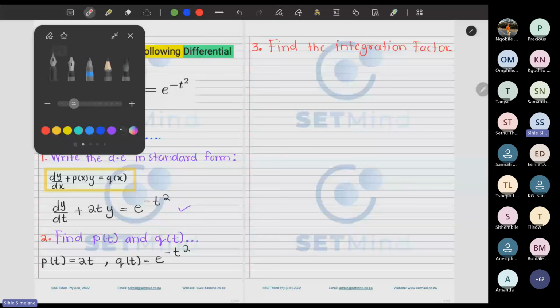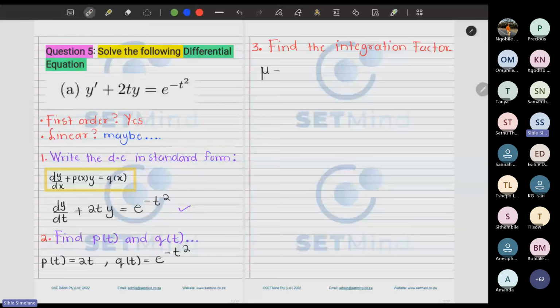That factor, guys, is given by mu, and this is equal to e to the integral of p of t dt. So this means that this is going to be e to the integral of our p of t, which is 2t.